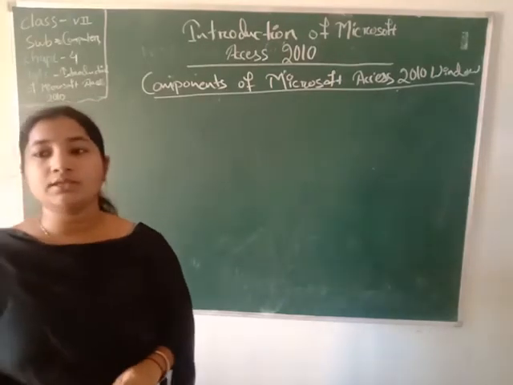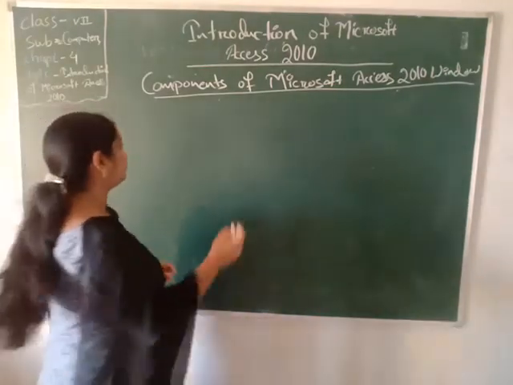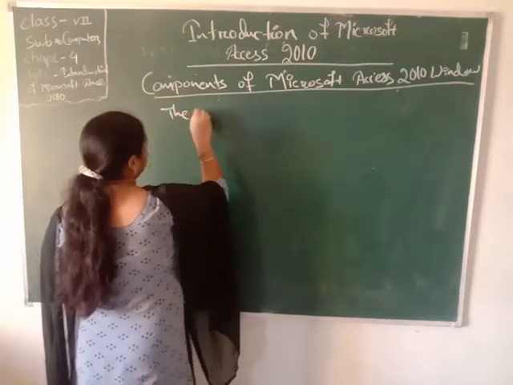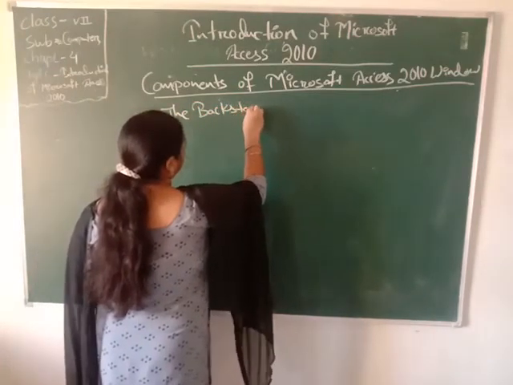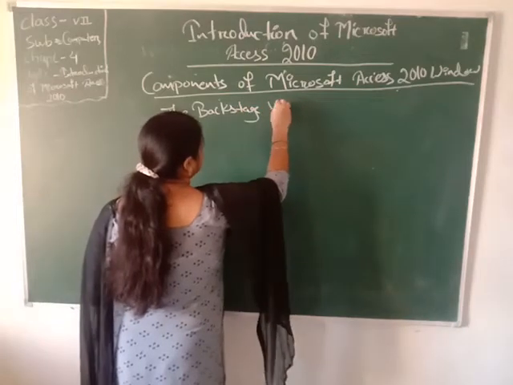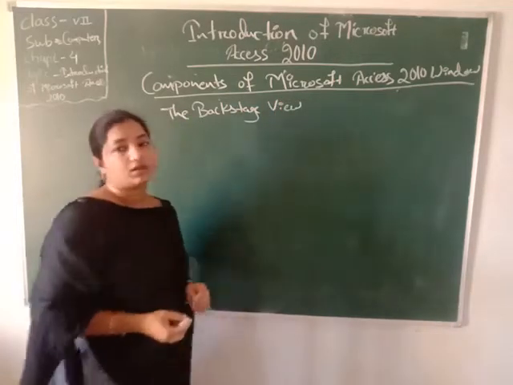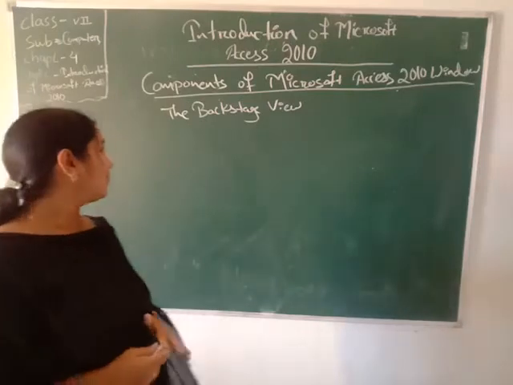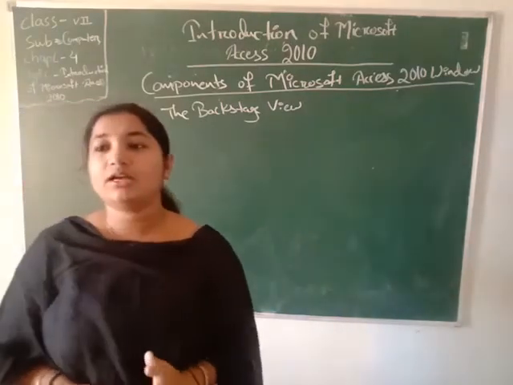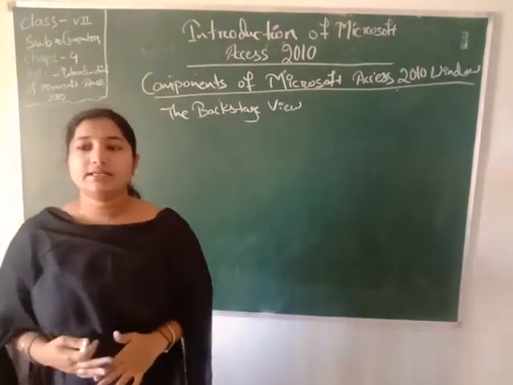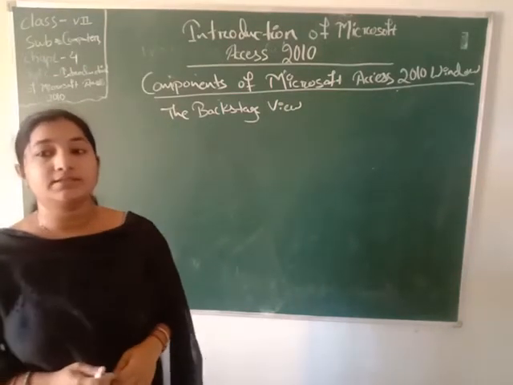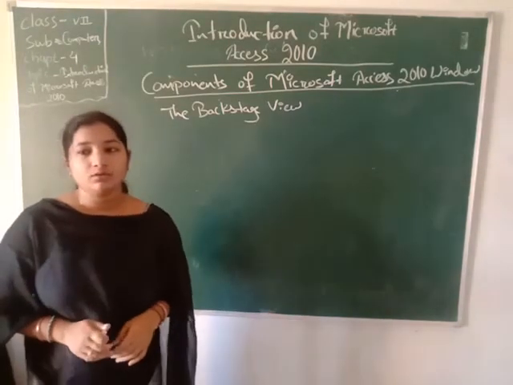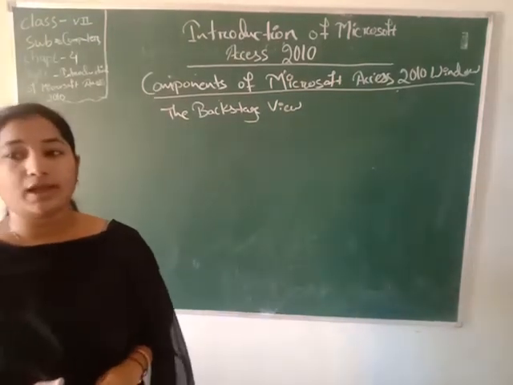The first one is the backstage view. The first element is the backstage view. In the backstage view, it occupies the file tab on the ribbon and contains many commands that were in the file menu in earlier versions to access.